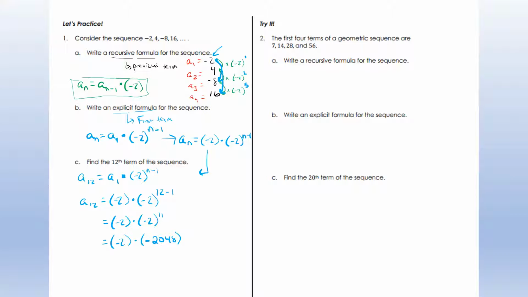And if I do -2 to the 11th power and then multiply that by -2, because that's my first term, that's A1, doing A1 times however many times I need to multiply -2 will give me a positive 4,096. All right, so if we were to extend this formula here, -2, 4, -8, 16, all the way out to 12 terms, we would be up at positive 4,096.